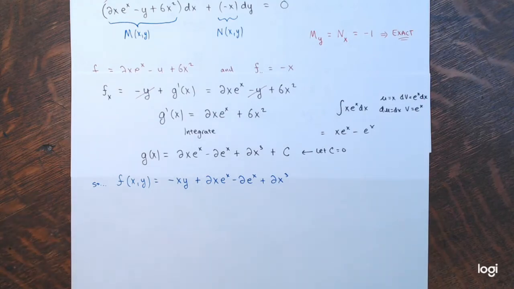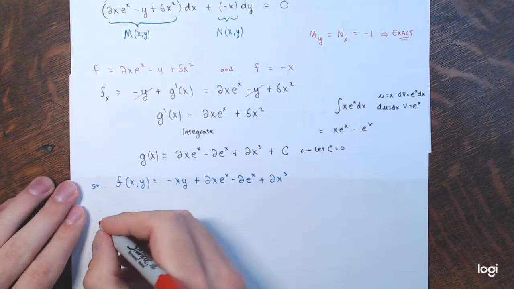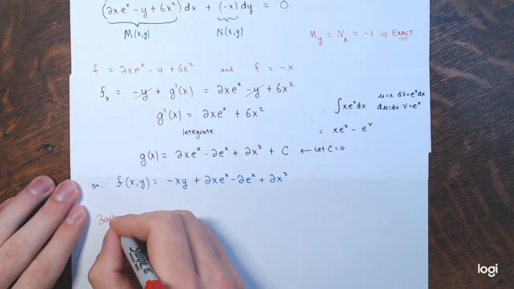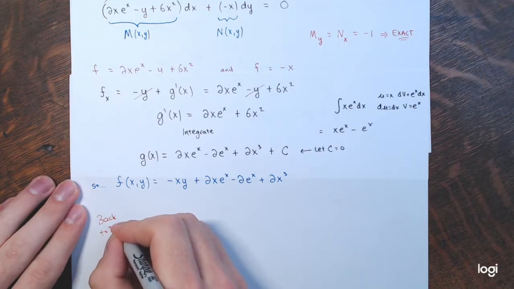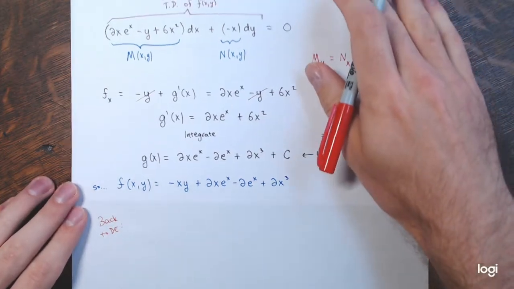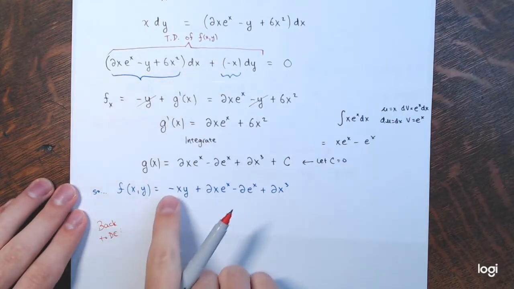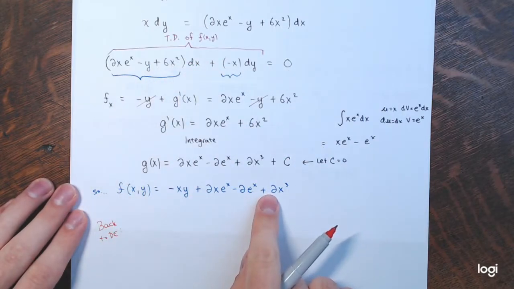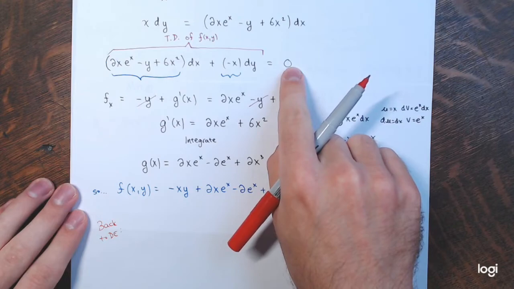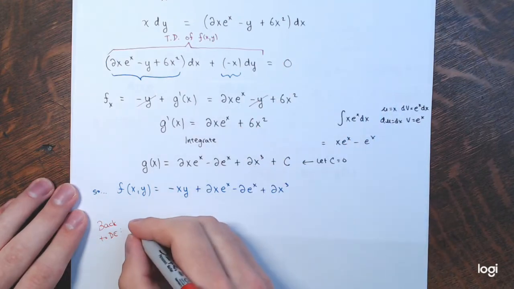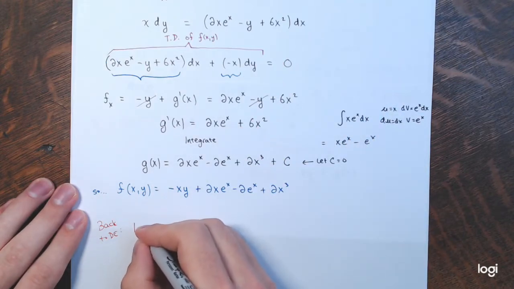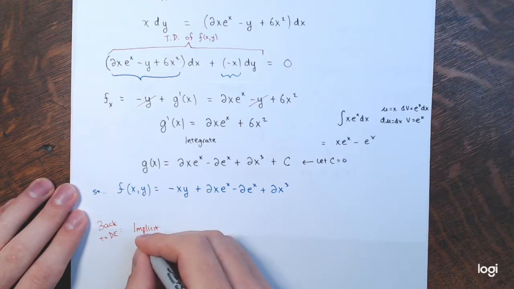So now that I've found this f, we go back to the differential equation. And remember, the left side is just the total differential of this function, and the right side is just a differential of a constant. So I can jump right to my implicit solution family.